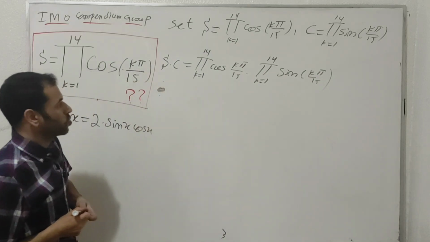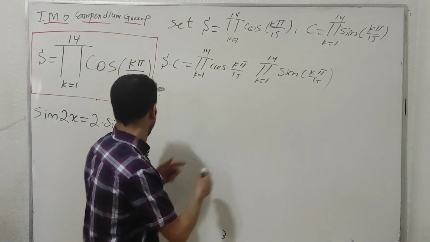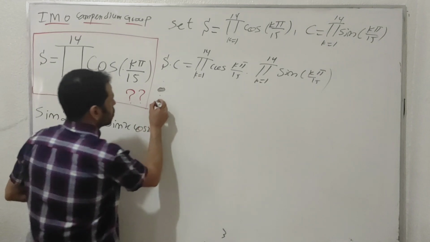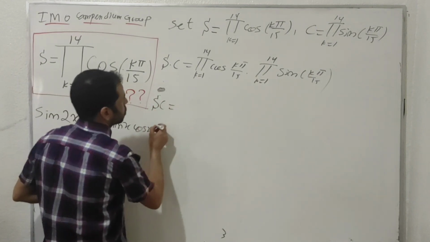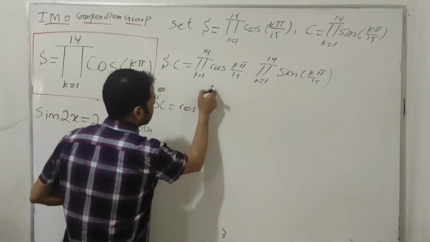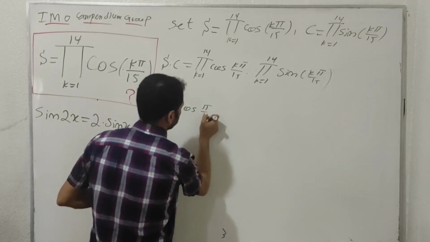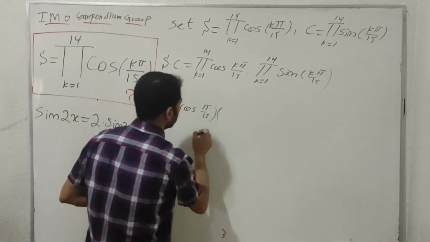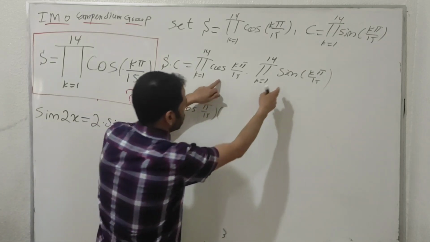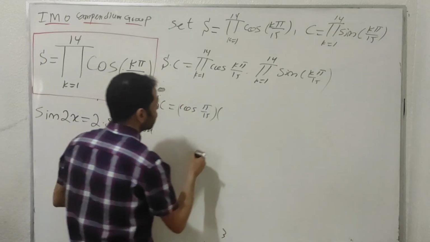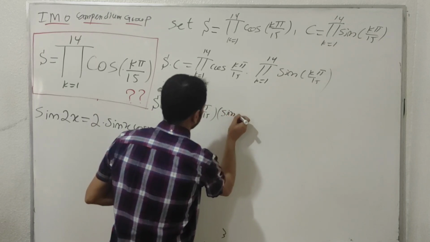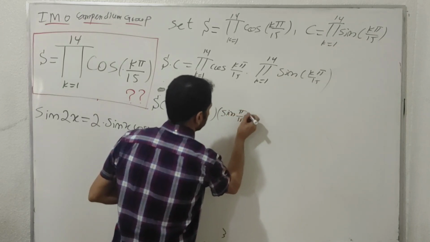So I'm going to express this one as follows. By distributing this out, we'll have sc equals cosine pi over 15, rearranging and grouping these two terms, multiplied by sine of pi over 15.